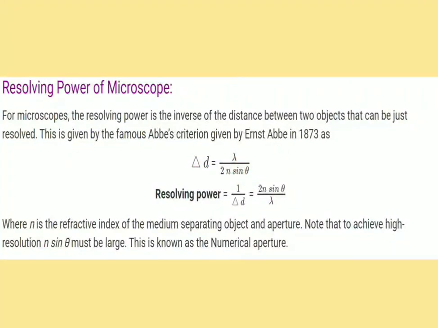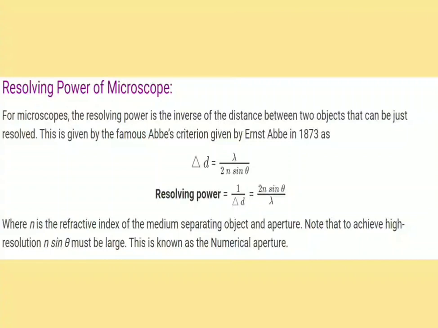The distance between the two objects is delta D equal to lambda by 2n sin theta. As per the definition of resolving power, it is the inverse of the distance between the objects. So 1 by delta D is equal to 2n sin theta by lambda.